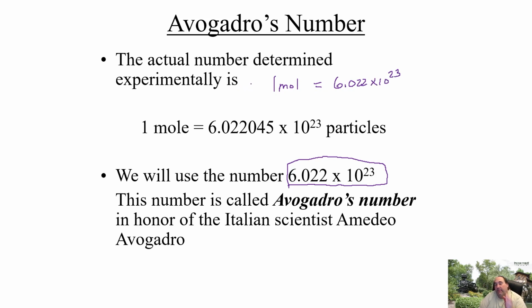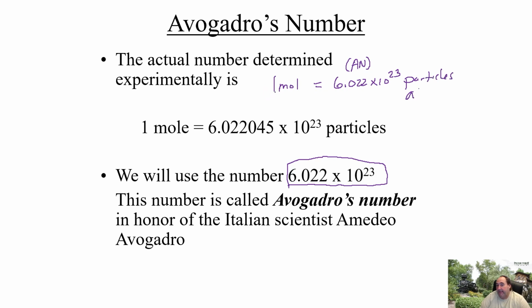Similar to how a pair represents 2, and a dozen represents 12, when somebody says you have a mole of something, it means that you have 6.022 times 10 to the 23. Now, the units that go with Avogadro's number, which is this guy here, can be pretty much anything. It could be particles, as we see below.